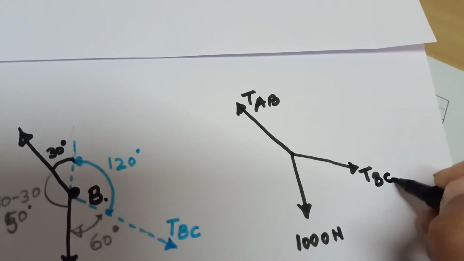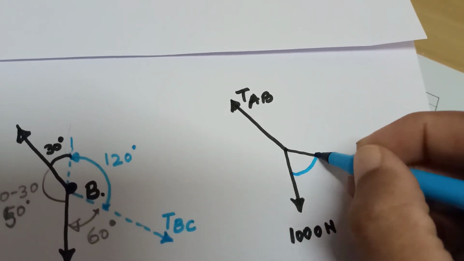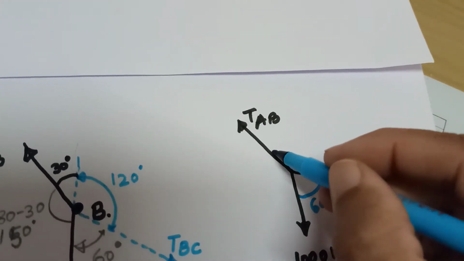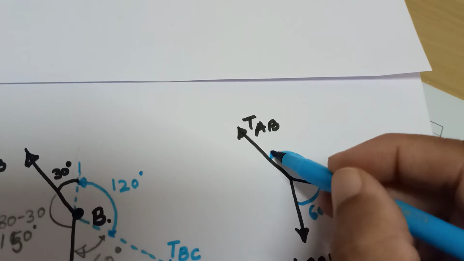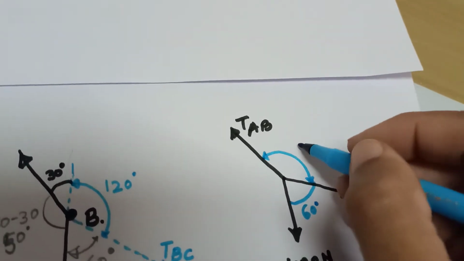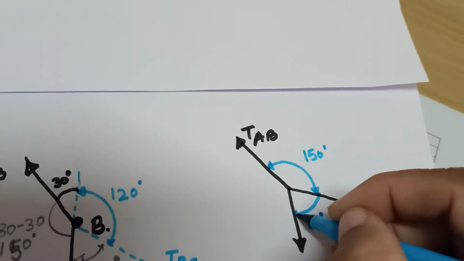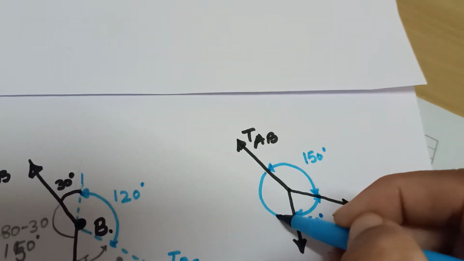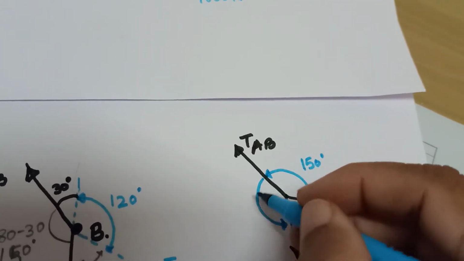Okay, what are the angles between these three forces? This is 60 degree. Then this angle, that is 120 plus 30, that is 150 degree. And this angle will be again 150 degree.